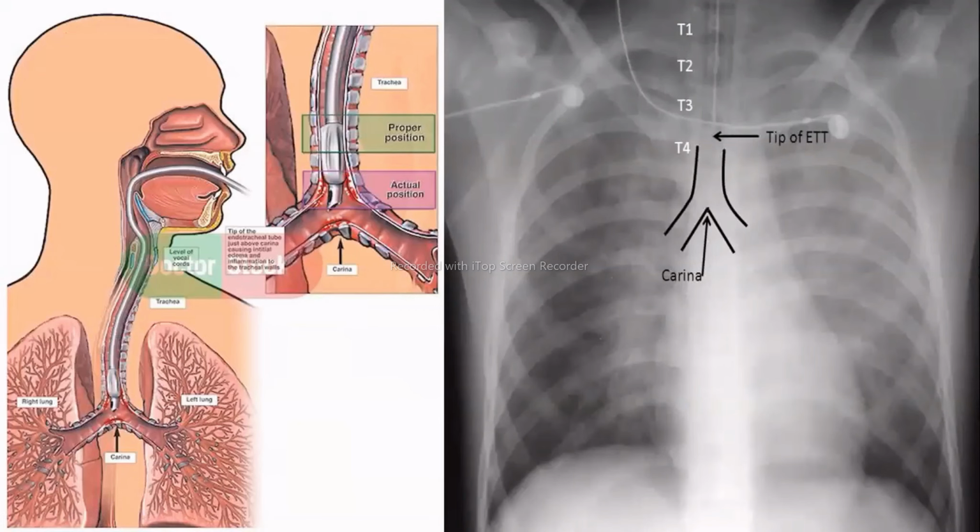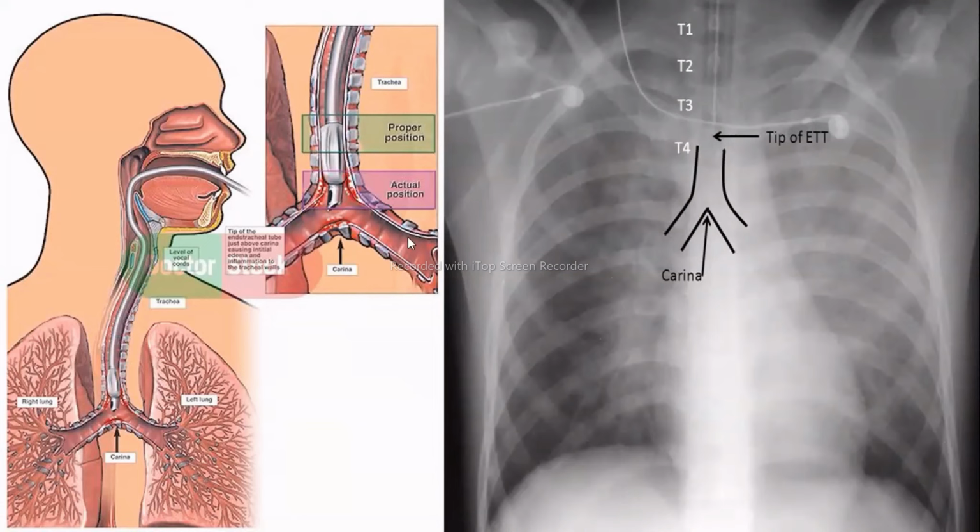Okay. After intubation, you have to check whether the tube is in or not. If the oxygen saturation after intubation is 98, or more than 94, it's in. If you find end-tidal CO2 normal, it's in.